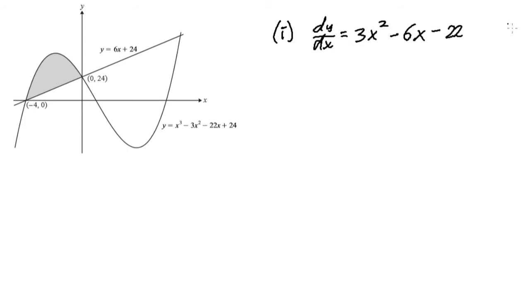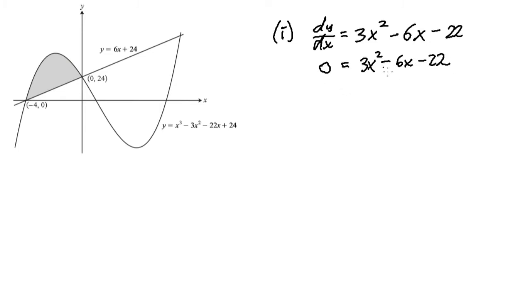Plus 24, x to the 0: when you drop the power, you get 0 multiplied by that whole thing, so the term disappears. So I've got this dy by dx expression. We now just find the two stationary points, which are 0 equals 3x squared minus 6x minus 22.